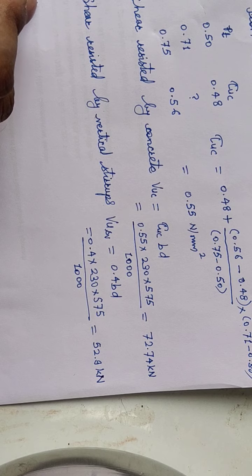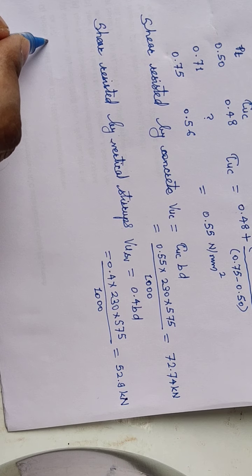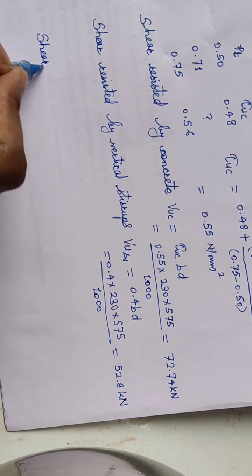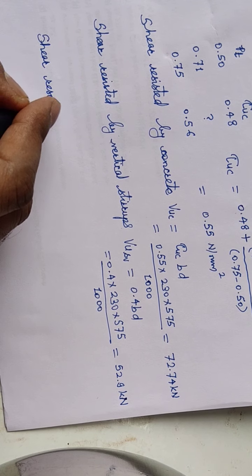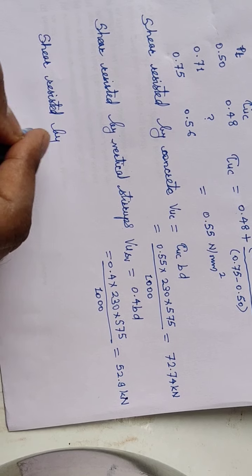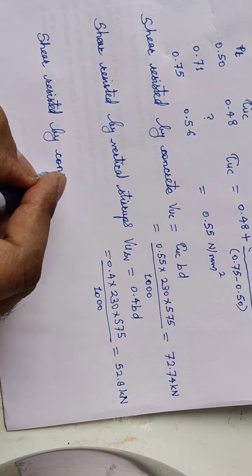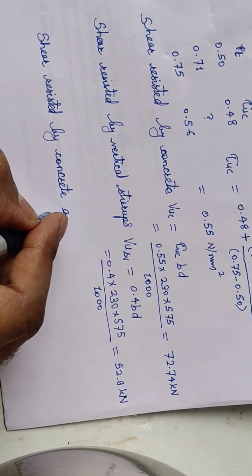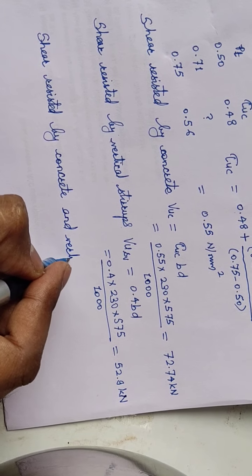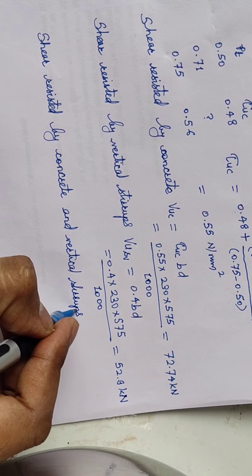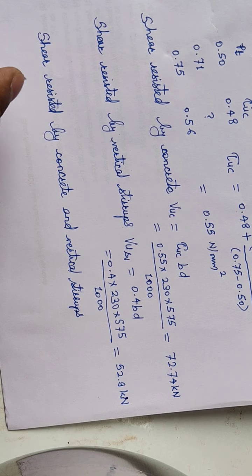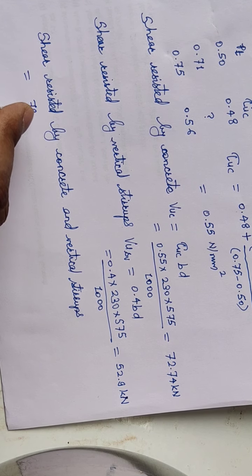So our problem is nearly over, only one step is remaining. We just have to add these two values. So shear resisted by concrete and vertical stirrups is equal to 72.74 plus 52.9.